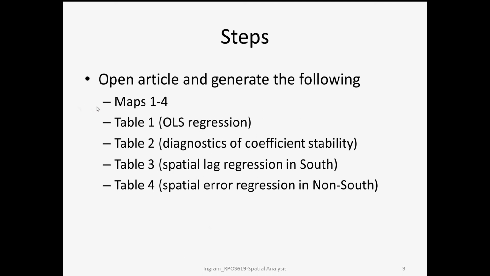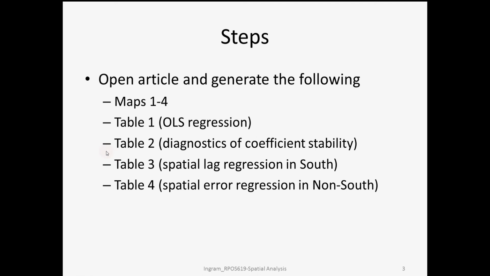So in the first video we covered the LISA cluster maps. In the second video we covered the next two steps, Table 1 and Table 2, the simple OLS non-spatial regression and the diagnostics of coefficient stability.